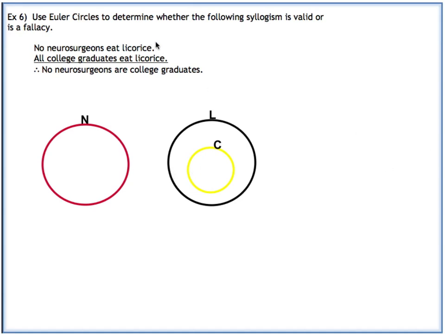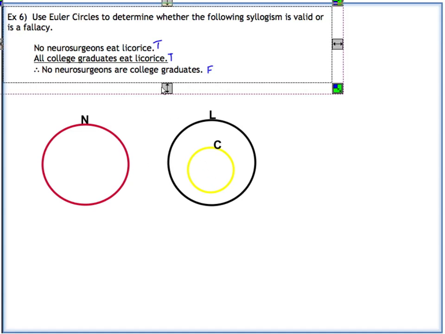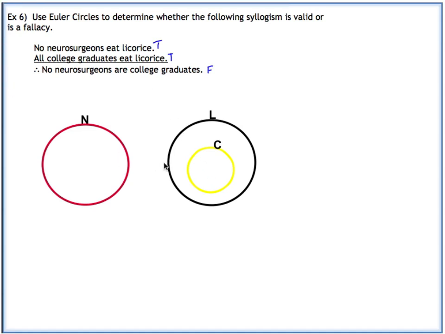Now again, we want to try to make both of these true and make this false. Okay, so it says no neurosurgeons are college graduates. Right now, is that a true statement? Well, right now, the way we have it drawn, it is a true statement. Now, is there anywhere else that we can move college students to make that a false statement?